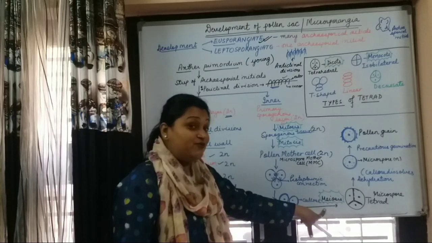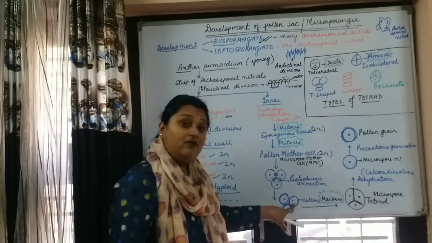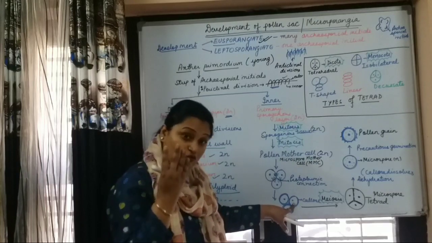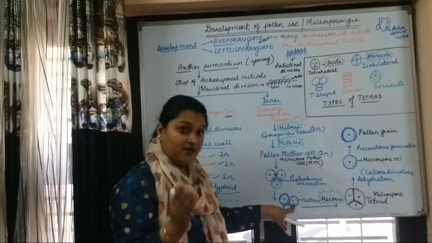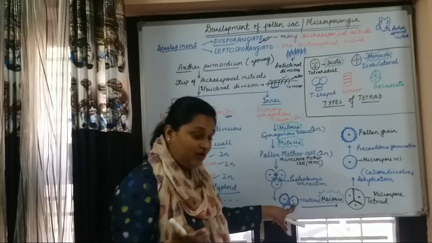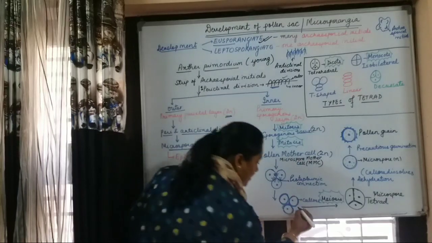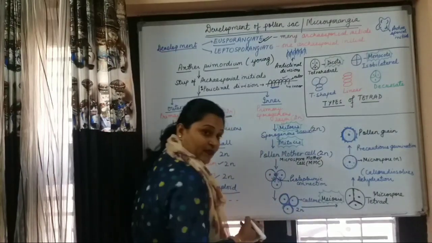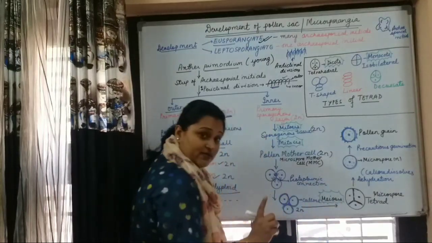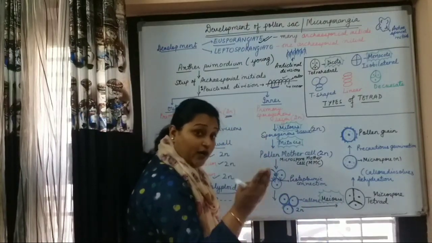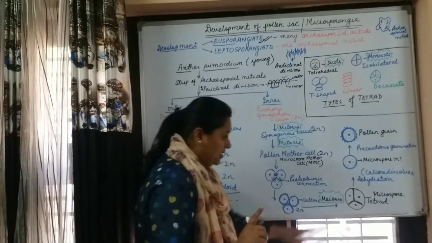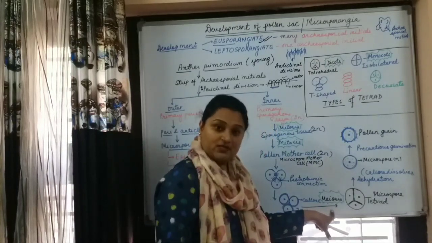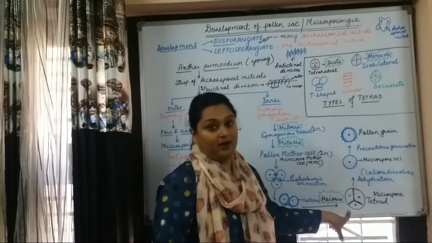After meiosis, we know each cell will give rise to 4 cells. Meiosis is a reductional division. If this is a diploid structure, when it undergoes meiosis, it forms 4 haploid structures. When it undergoes meiosis, it forms a tetrad.